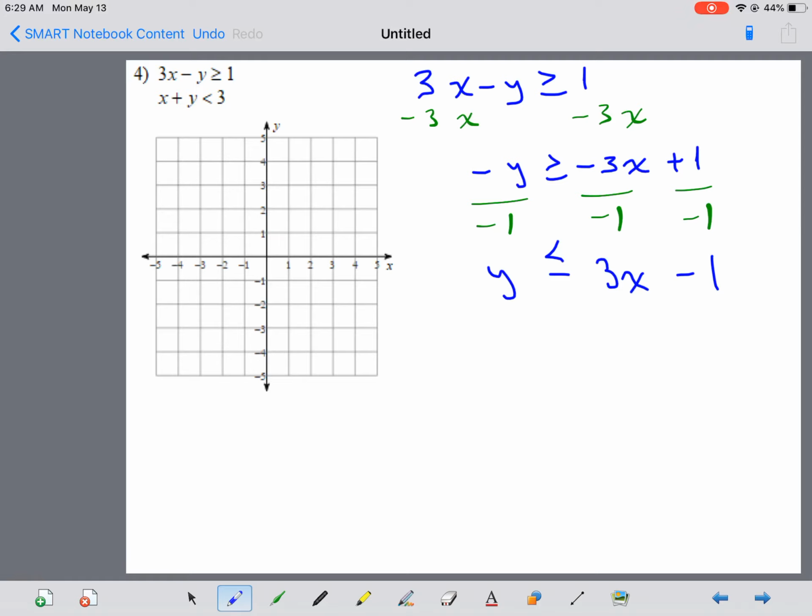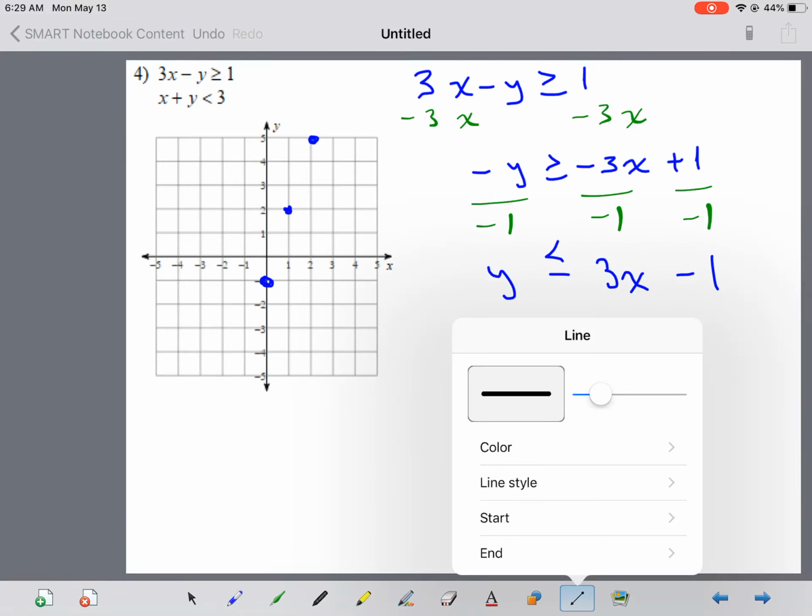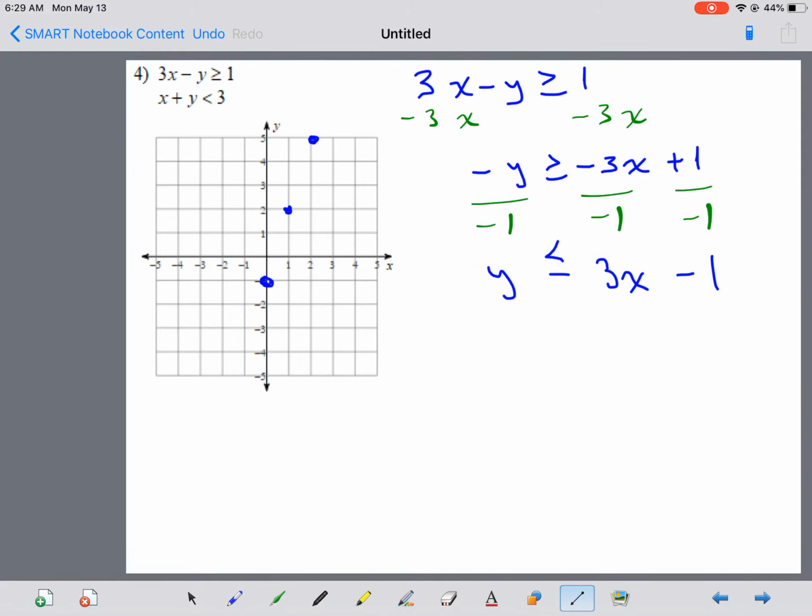We see the y-intercept of negative 1. We make that point. Our slope is 3 over 1. So that means go up 3 over 1, up 3 over 1. And this is going to be a solid line because of the equal to part in our inequality statement, because y is less than or equal to.